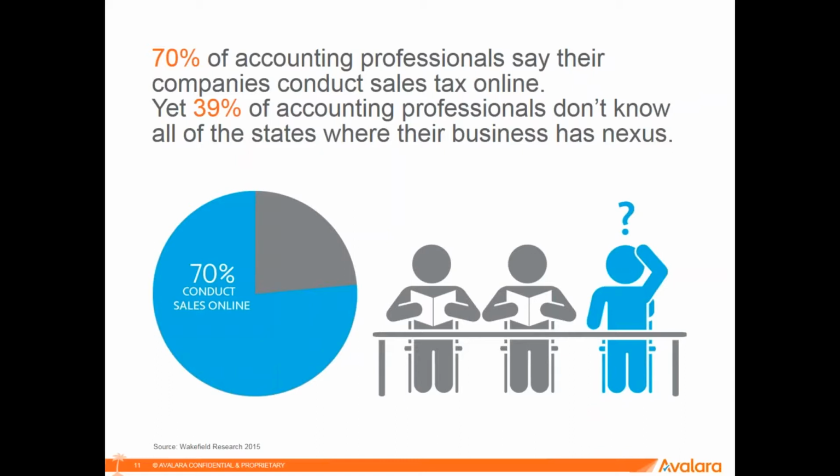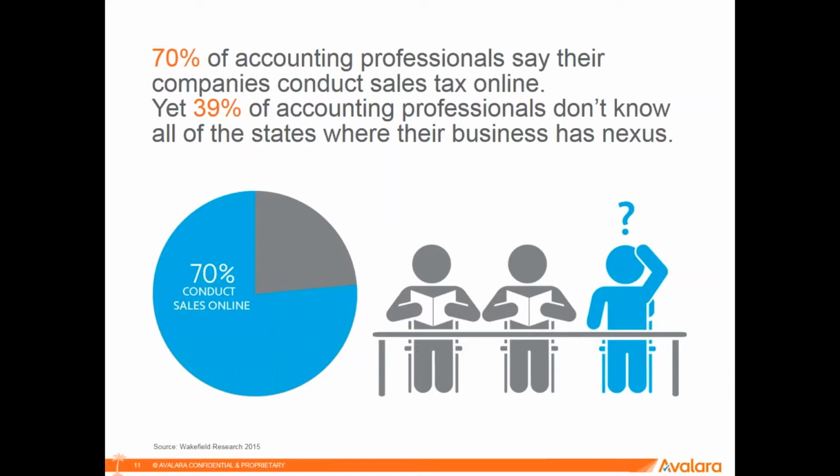And the reason for that is not because they don't understand that they have a location specific somewhere or they have a salesperson somewhere, but the nexus rules and the nexus laws are changing across each and every state and tax jurisdiction on a regular basis. It's a number one source of revenue for any state.